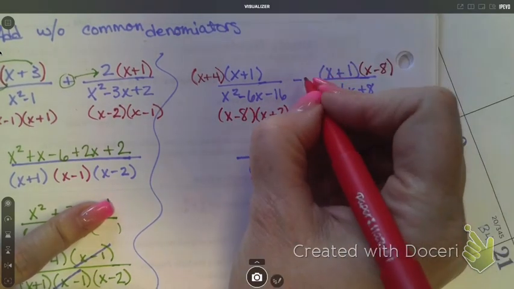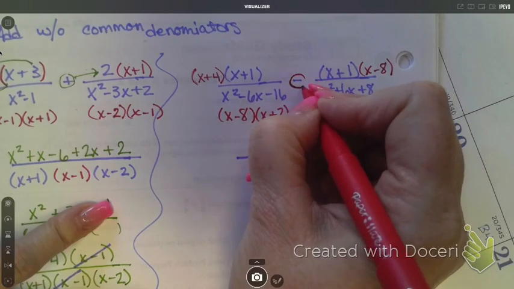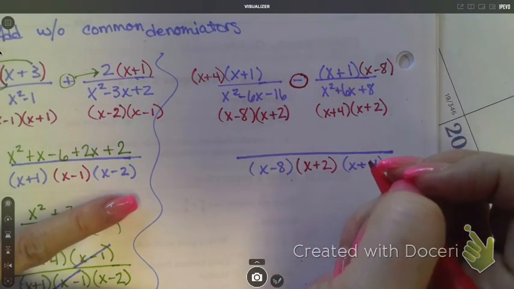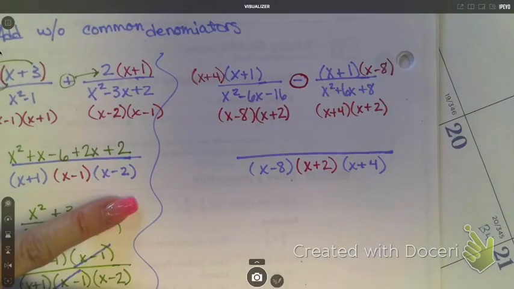Okay, don't forget about what's in the middle though. The subtraction. Is that still going to be a thing? Yep.